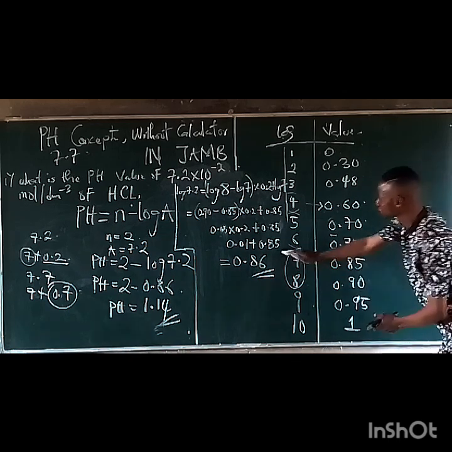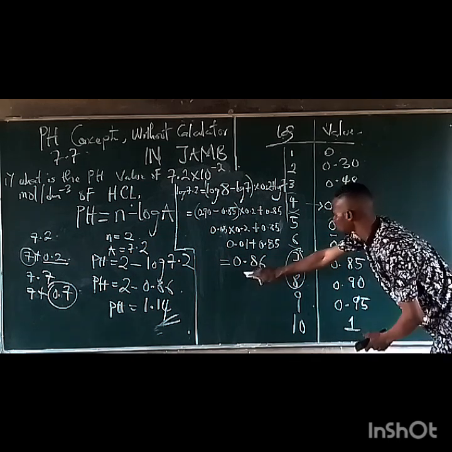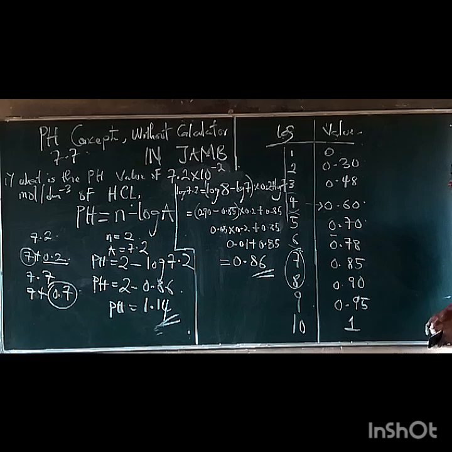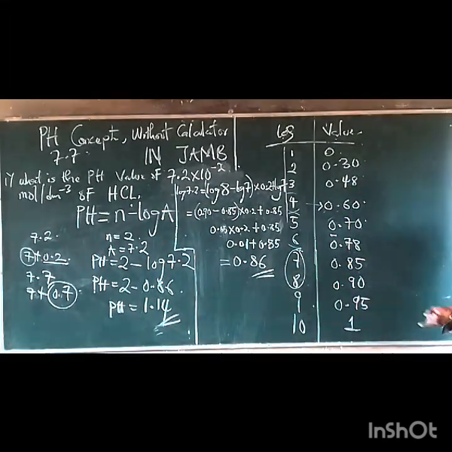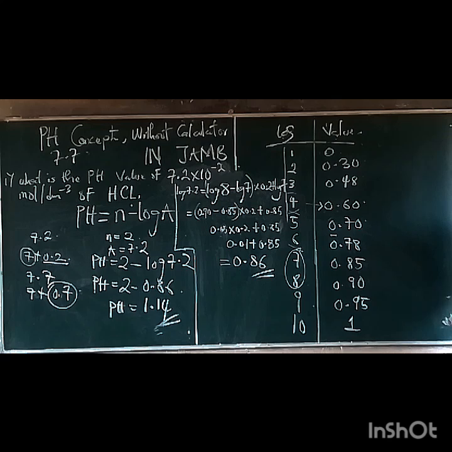So by the time we solve this, instead of this one giving us 0.86, this one can give us 0.88. It can give us 0.88 and 0.89. You see that it's closer to this one compared to this one.